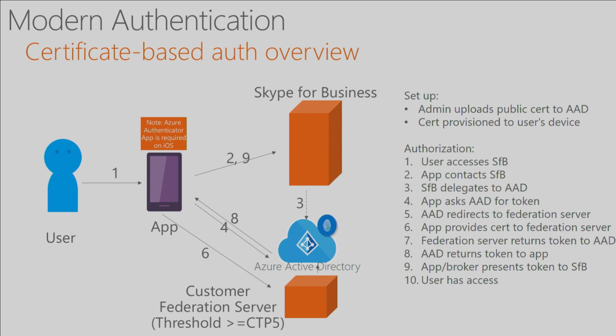App asks AAD for the token, and AAD redirects to the Federation server. The Federation server is what is different when you're looking at a non-certificate-based authentication model. Federation server returns the token back to AAD. AAD returns token to the app, and then app broker presents token to SFB.